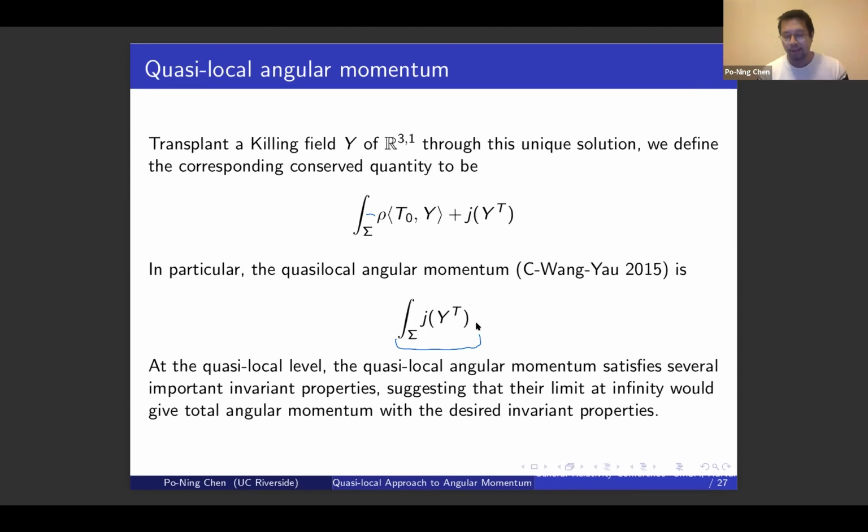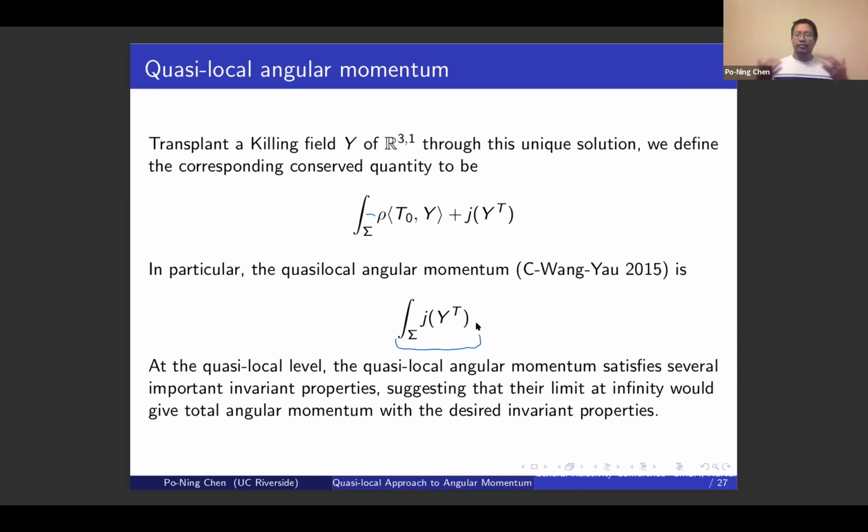Okay. And also, there's a freedom of translation of the isometric embeddings. If you translate that, then it changes your angular momentum and center of mass integral as what you would expect from the special relativity picture. Okay?